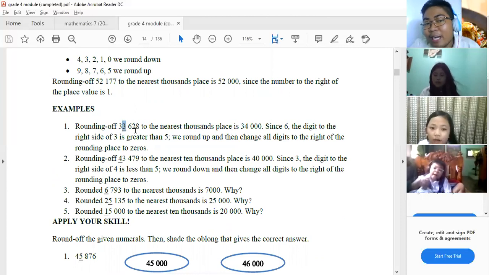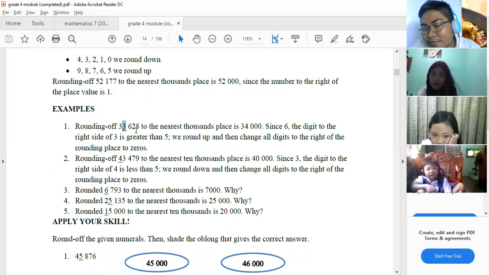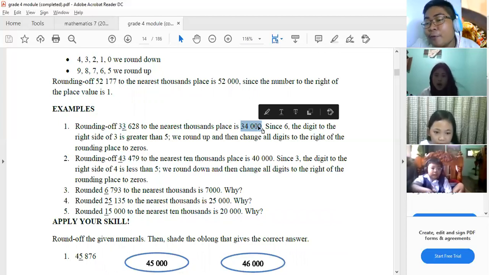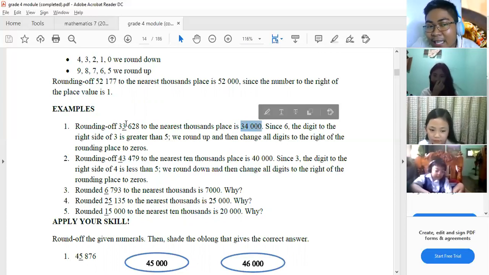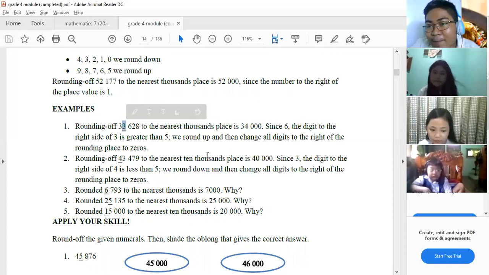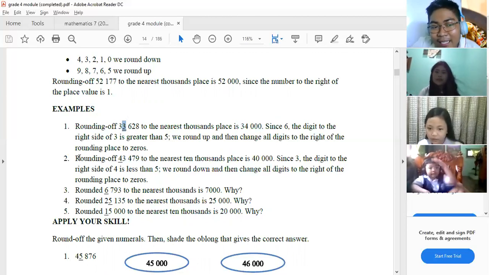So, do we add 1 or not? Yes, we add. Therefore, 3 plus 1 is 4, and our answer is 34,000. So the 3 was increased by 1.